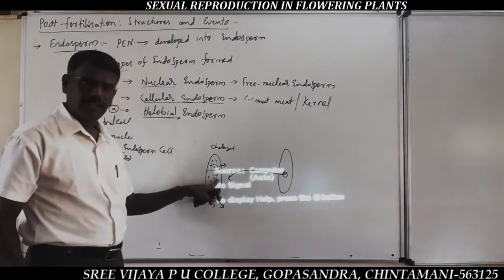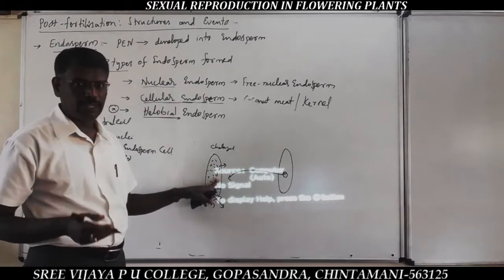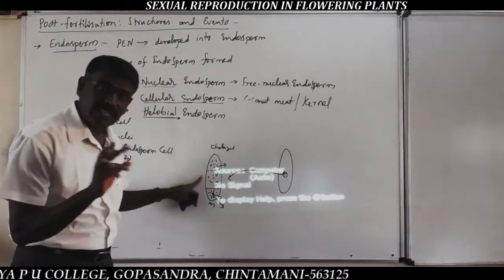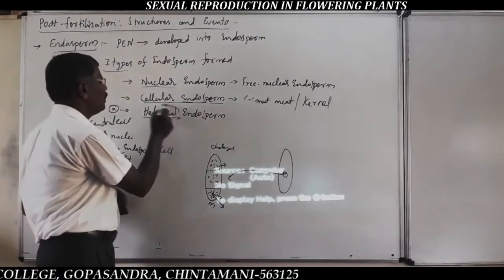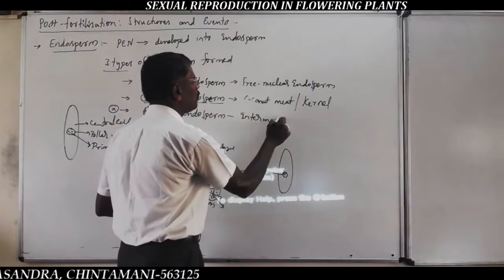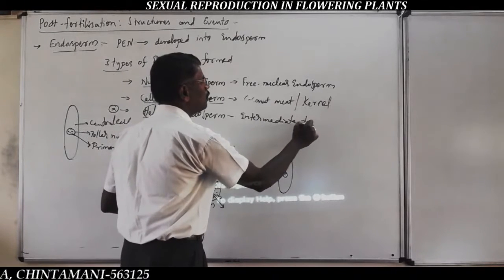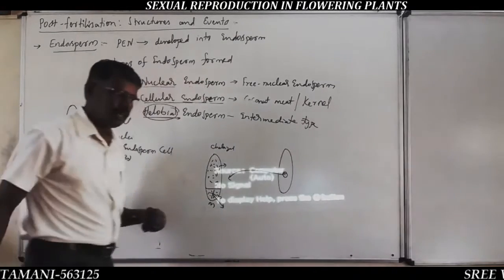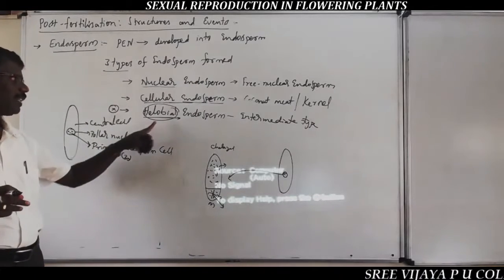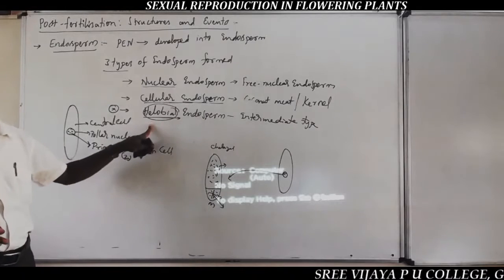But here there is presence of free nuclear, but it is cellular. So it is an intermediate type. Helobial endosperm is the intermediate type of endosperm.